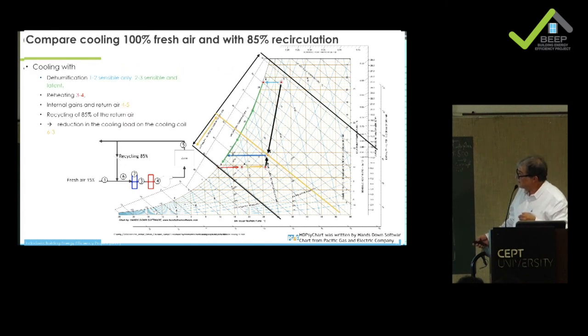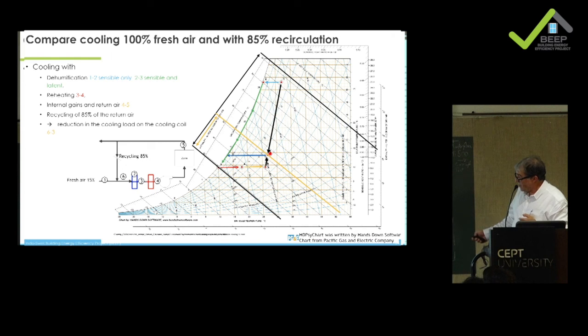And then after that, now if you compare the two things, this is again silly to make 100% fresh air, but it's to show the impact of recycling with humid air, which is absolutely enormous. So now if we take the 100% fresh air system, and the one with recycling, you can see that this is the cooling point where you start without recycling, and you go down here.